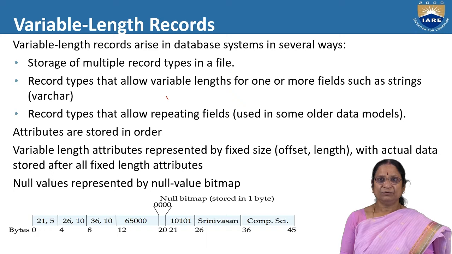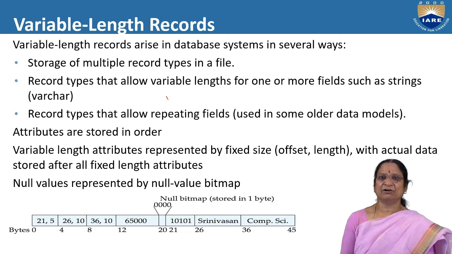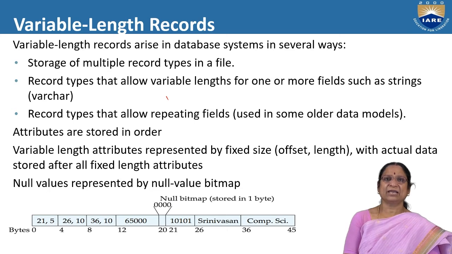Between each two consecutive records, one field is used as the end of the record because it's not fixed. So a null bit mapping is considered, and one byte can be occupied for this, which indicates the end of the record.